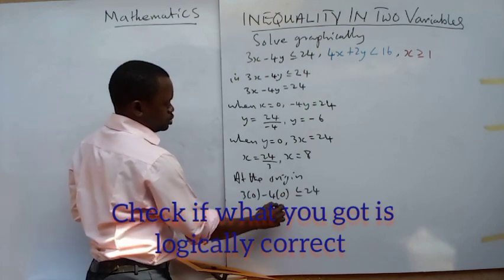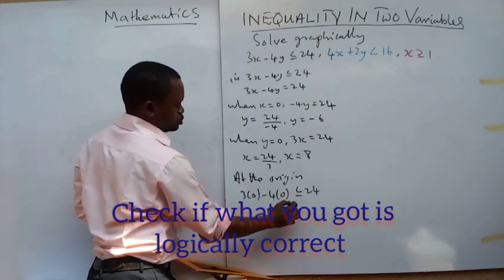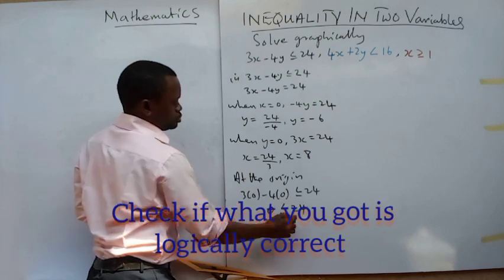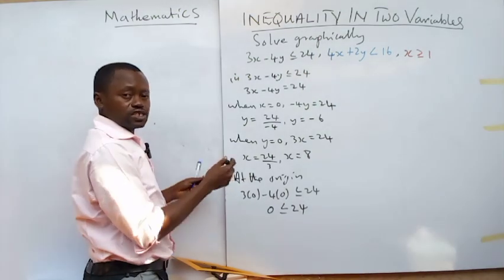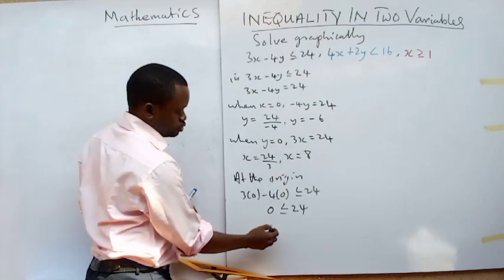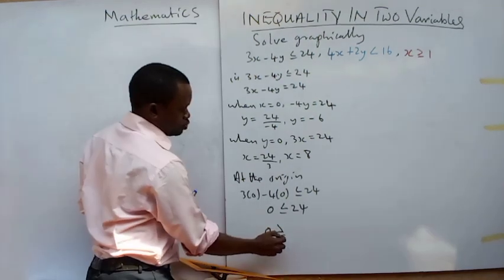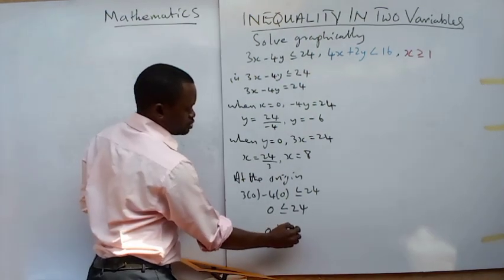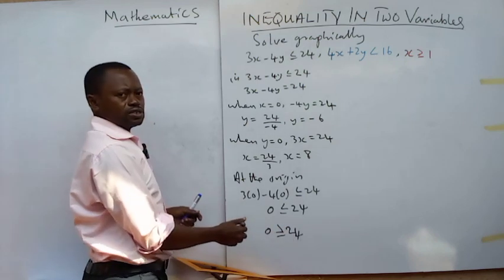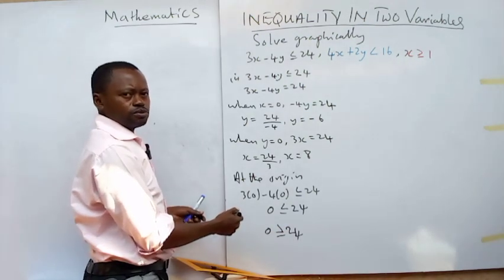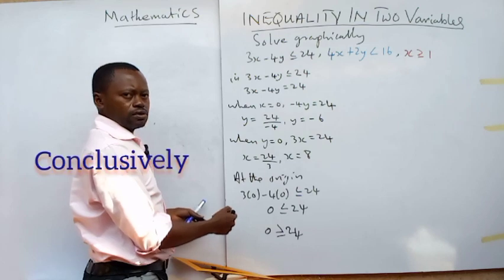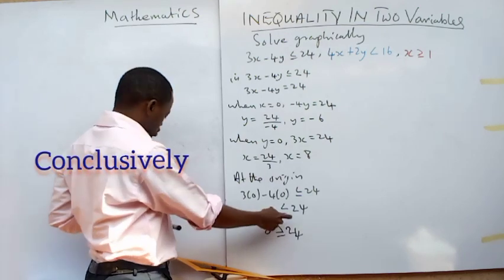Everything here is 0. Is 0 less than or equal to 24? Yes. But if I had 0 greater than or equal to 24, that would be wrong, because 0 is not greater than 24 and cannot be equal to 24. Do you understand that now?